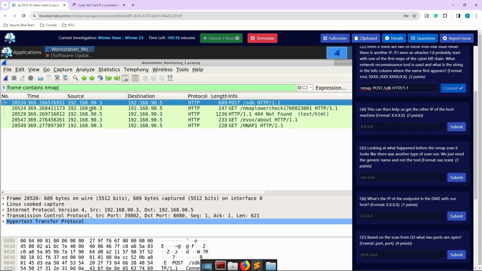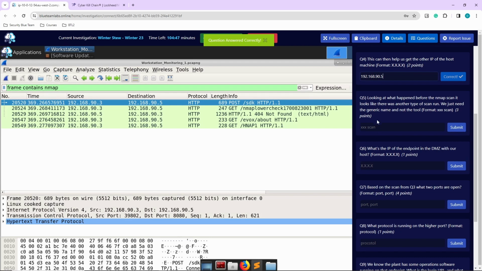It looks like it's posting this to .5 and it's coming from .3. So .3 is the attacker IP and this .5 address is the other host, or the other network interface. So if we go .5, we got it there.